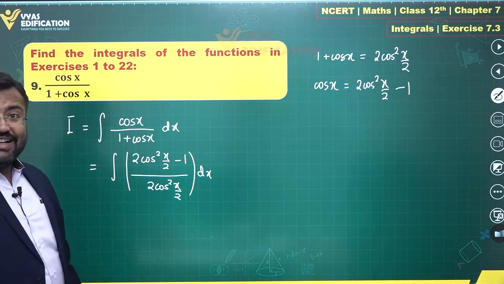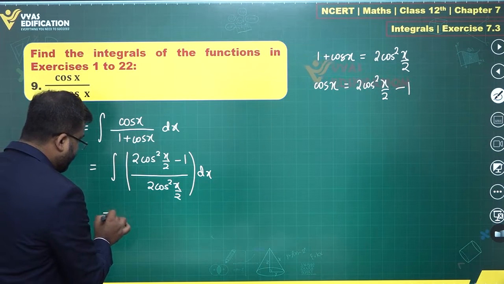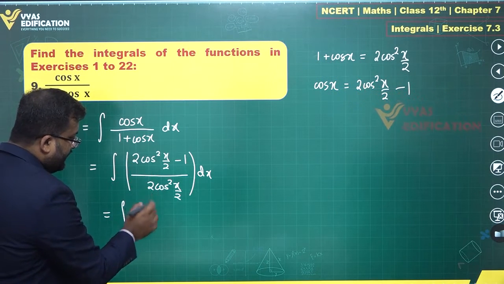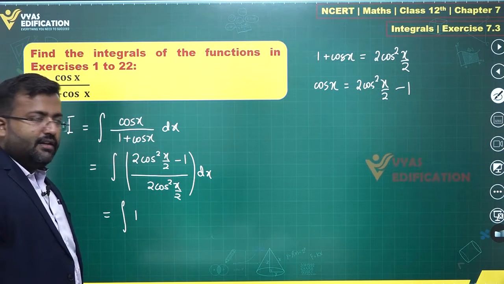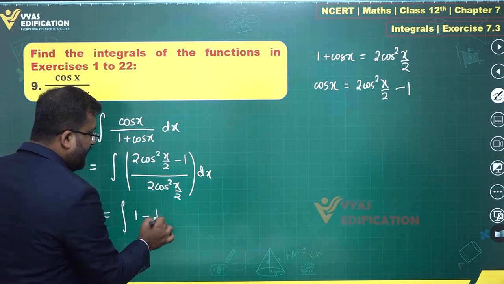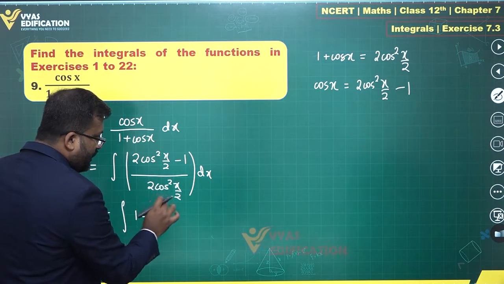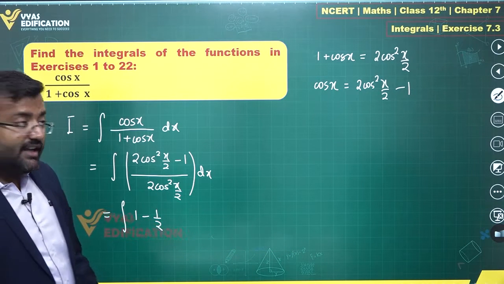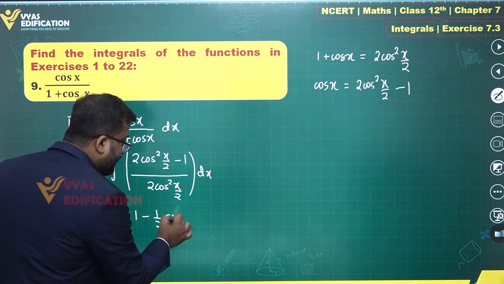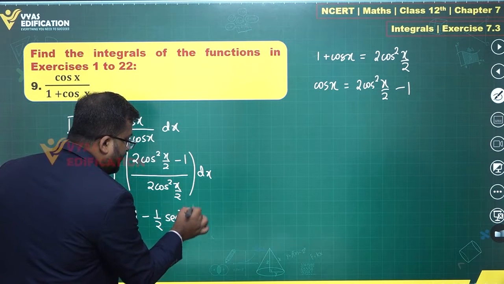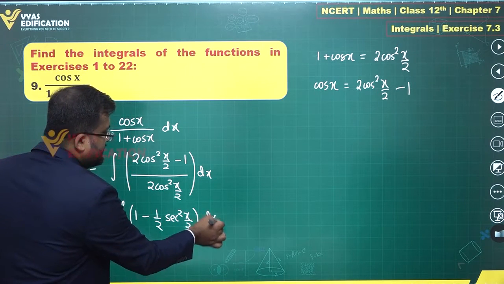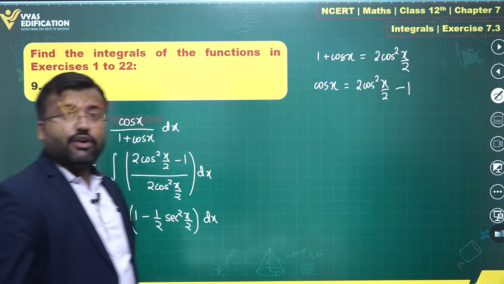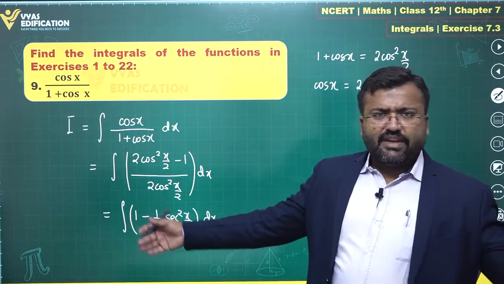The benefit of writing it in this form is this upon this is simply 1, minus 1 by this whole thing. 1 by 2 is okay. In the denominator you have cos square x by 2, which can be written in terms of sec square. This becomes sec square x by 2 dx. This is what we are looking forward to, and sec square, we know how to integrate.